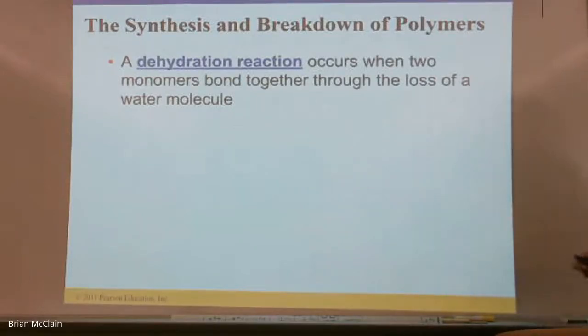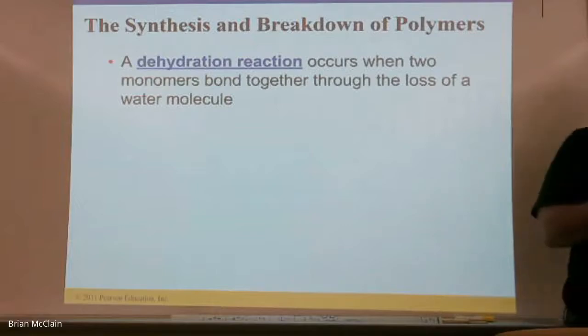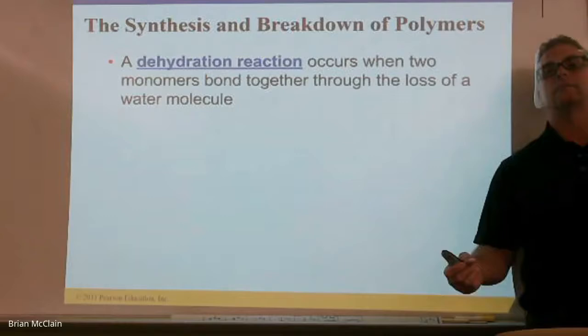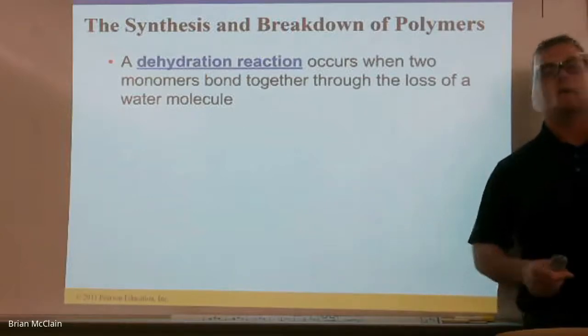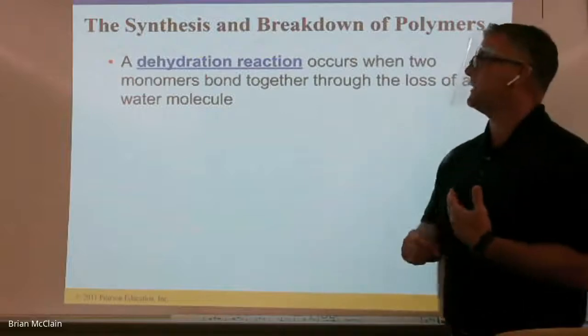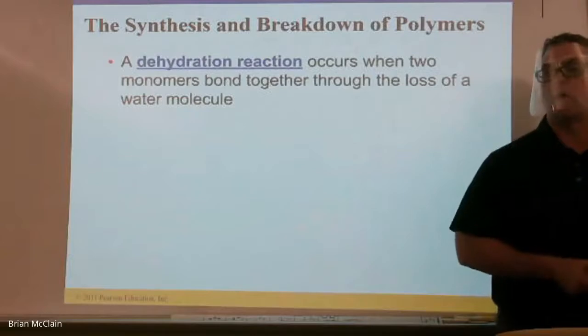Okay, dehydration reactions are whenever we put 2 simple things together, and when we do that, we get a more complex molecule at the expense of losing water. So it's easy to think about, when you have somebody who's dehydrated, they've lost water. A dehydration reaction is going to involve the removal of the water.